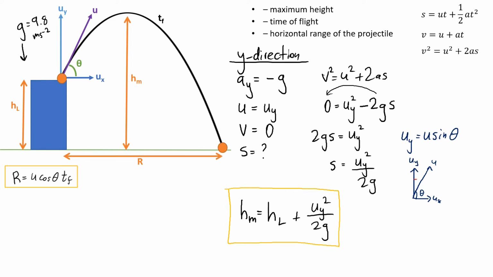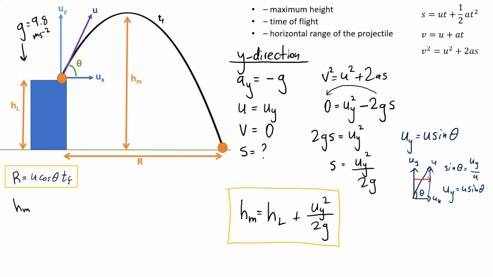Sine theta, because if we move this over to here, right, we can move around vectors, then the opposite angle is going to be uy, right? So sine theta is going to equal uy divided by u. So rearranging, uy is equal to u sine theta. So we covered this in the previous dot point, but just a refresher. So that means we can now plug that into here.